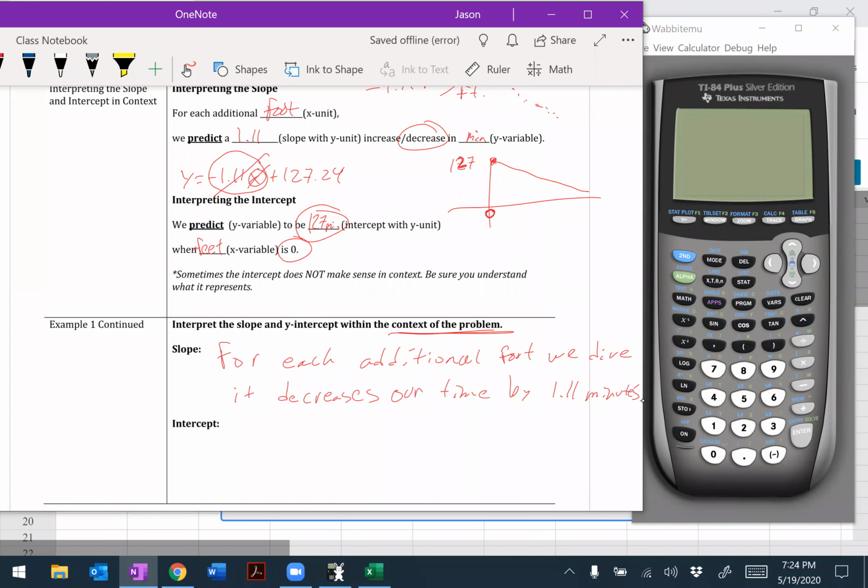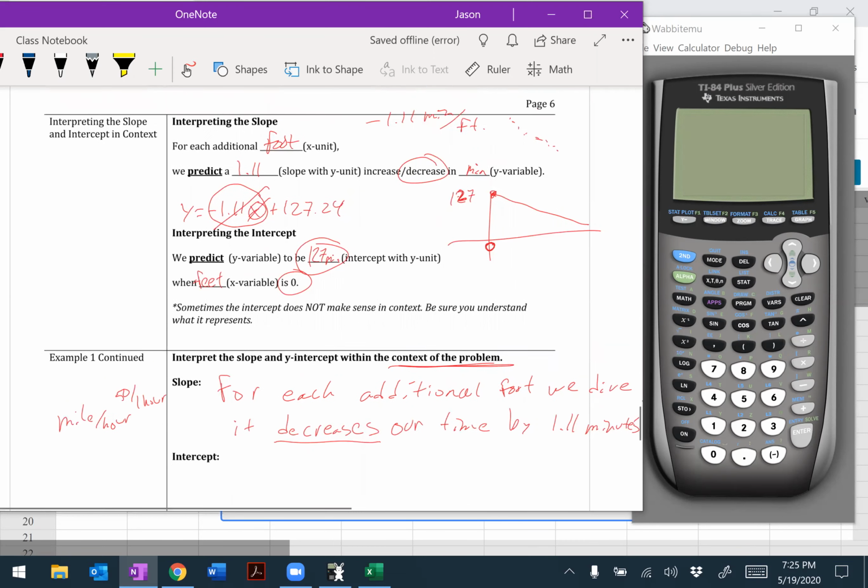That's what the slope means. Think of it like miles per hour. If you think of 50 miles per 1 hour, your slope would be 50. Here it's 1.11 minutes, but it's a decrease. That's why it's a negative slope.